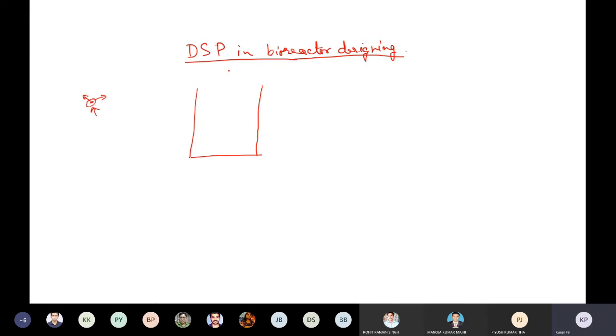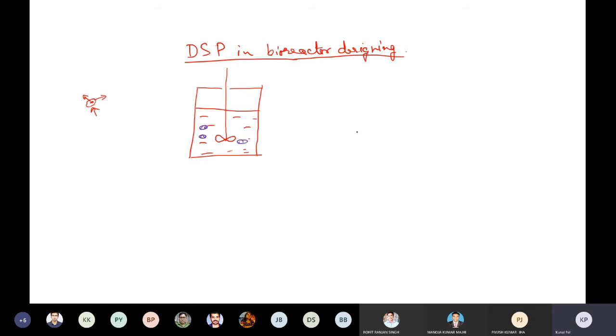So in general, you have say a stirrer over there. Then you are having some liquid media inside there, and then inside that you put some microbes. These purple color things, these are microbes.